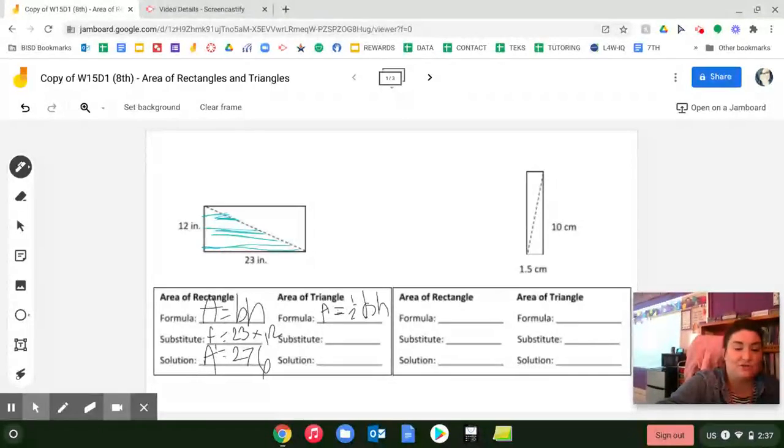When we substitute in the triangle, it's going to be 1/2 base, 1/2 times 23 times 12. So see, I'm still using the same numbers as I did on my rectangle, but now it's half times the same base and the same height. And I end up getting half of 276, which is 138.